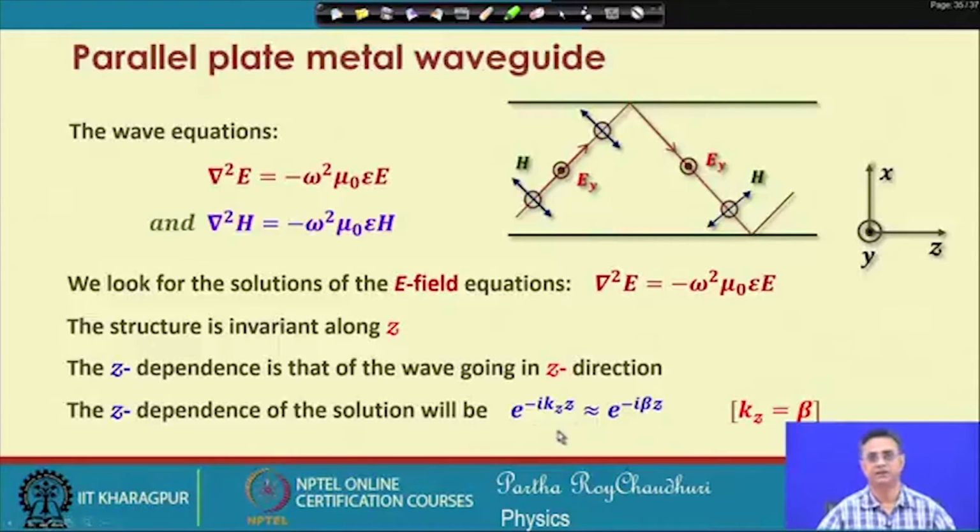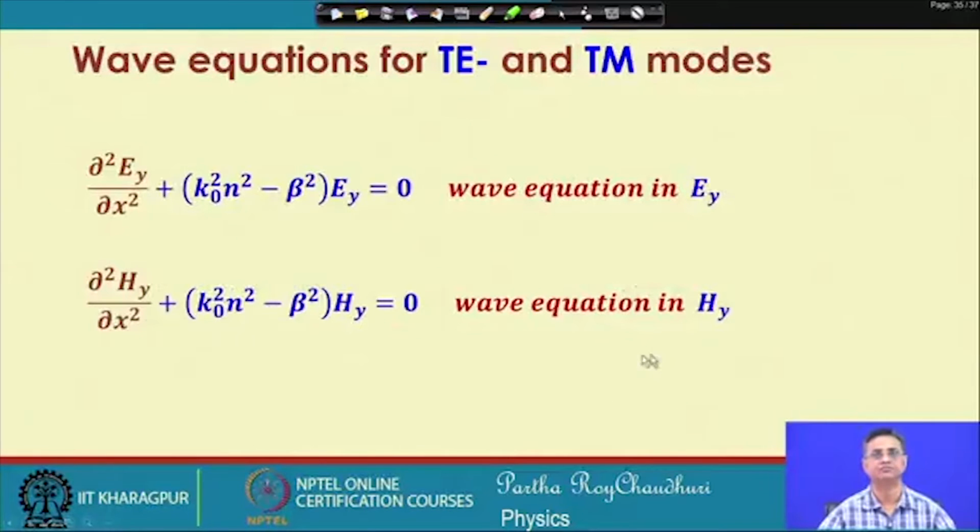So, one part is clear: if the wave is travelling along the z direction and the structure is invariant along z, you can always represent the electric field with a factor e to the power of minus i beta z.